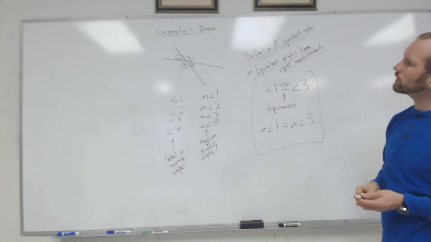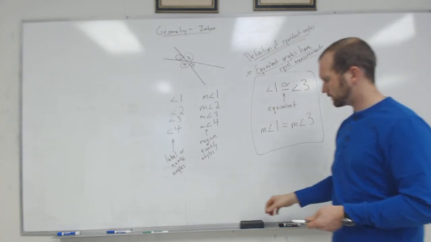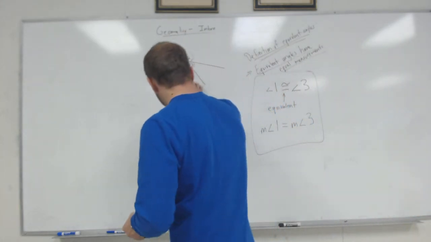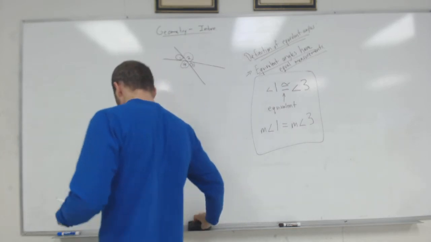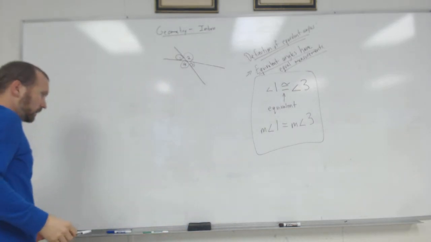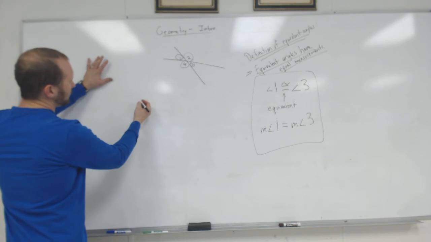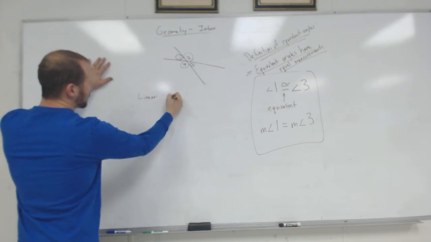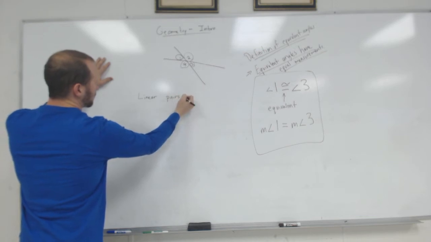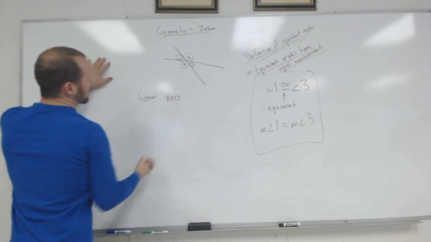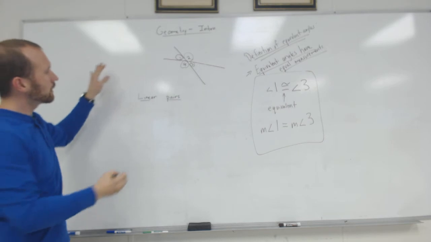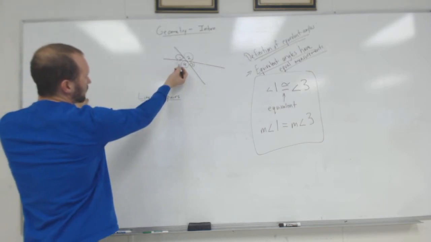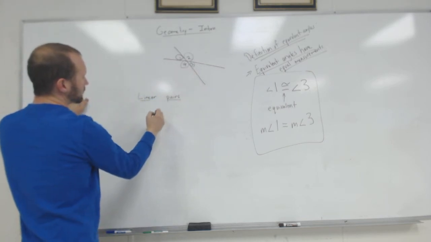I want to talk about a couple other things in this diagram. The first thing I want to talk about is linear pairs. In this diagram, we have linear pairs in the angles 1 and 2.